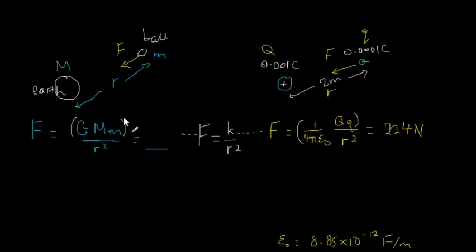Like the constant here is the GMm, that's my constant. In Coulomb's law, this is my constant, the charge and the permittivity. And the r squared is the only thing that varies.